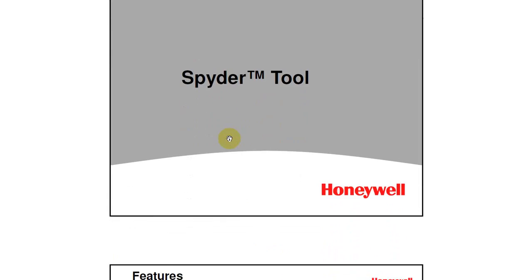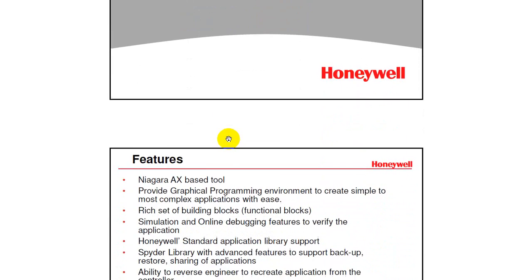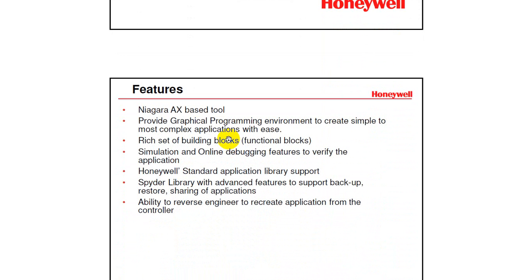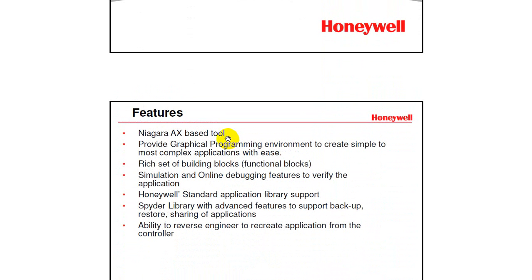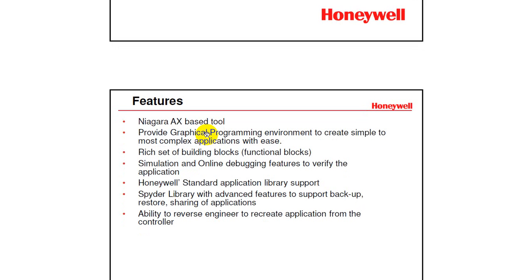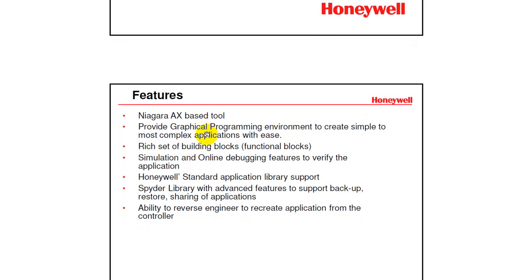Then Spider tool is the software which allows you to program your Spider. Currently we are using 6.1.1. 6.1.2 versions are released frequently with little modifications. So Spider 6 is the generation that we are using for Spider tools.